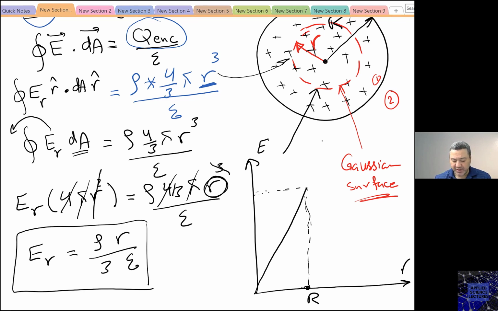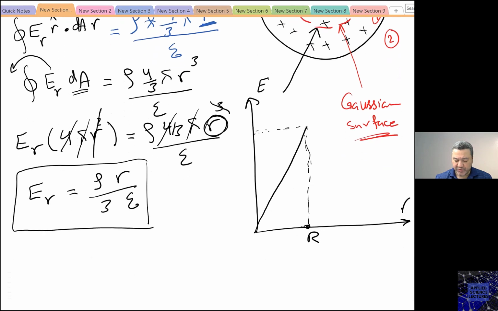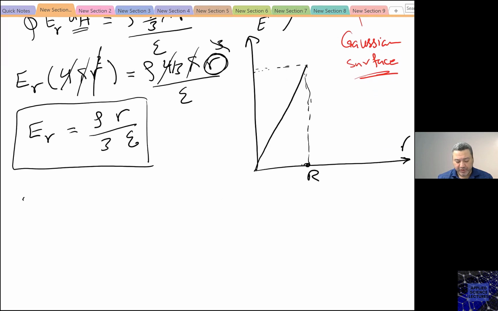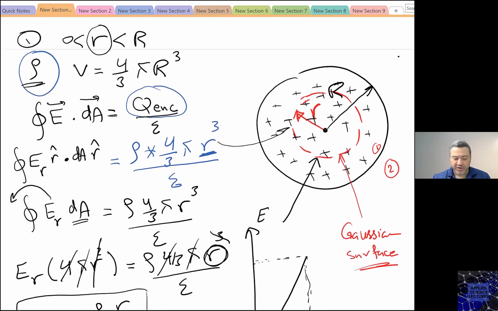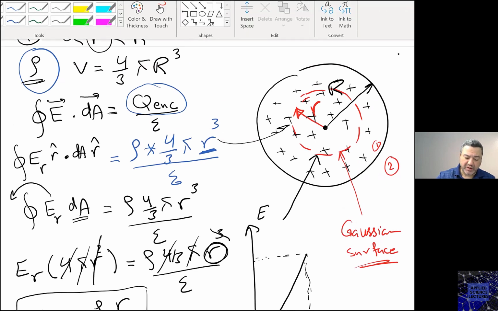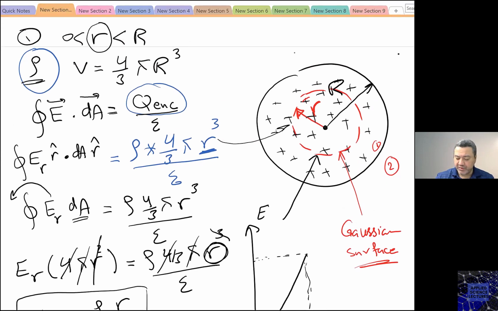And then what happens after we get to region number 2? Let's look at what's going to happen for region number 2. For r greater than capital R, I have the same E_r 4 pi r squared. However, for Q enclosed, when I am outside, let me draw the new Gaussian surface for that region.